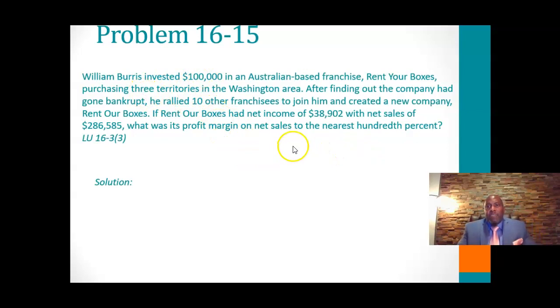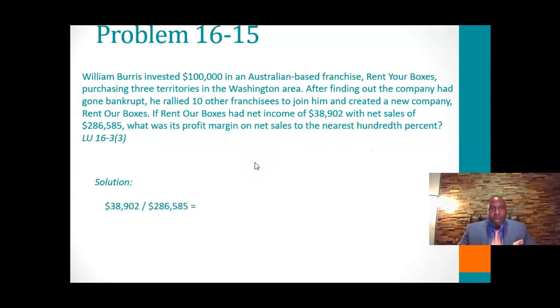profit margin on net sales. So we said Wilberg invested $100,000 into an Australia-based franchise. After finding out the company had gone bankrupt, he rallied 10 other franchises to join him and created a new company. If Rand Auerbach had net income of $38,902 with net sales of $286,585, it's asking what is the profit margin on net sales to the nearest 100th of a percent.